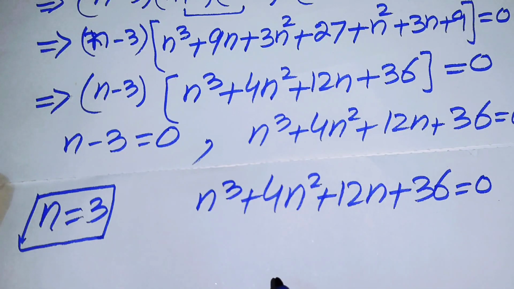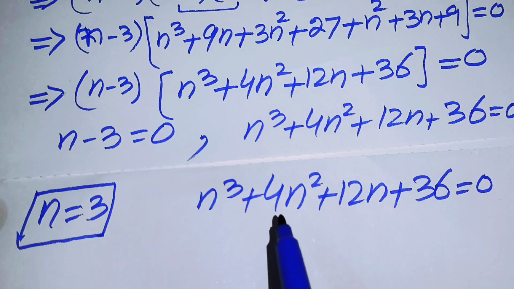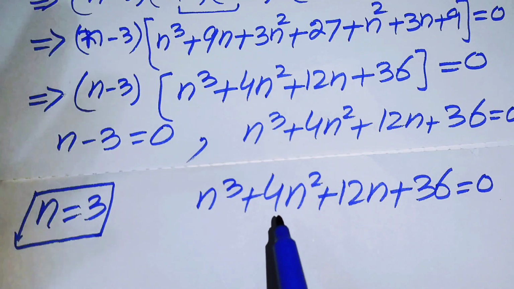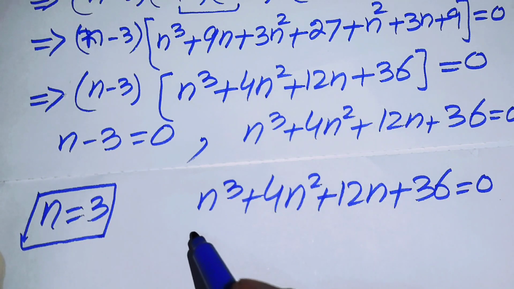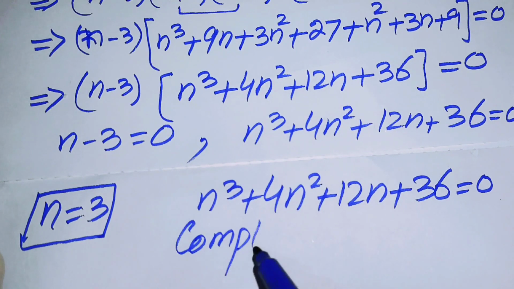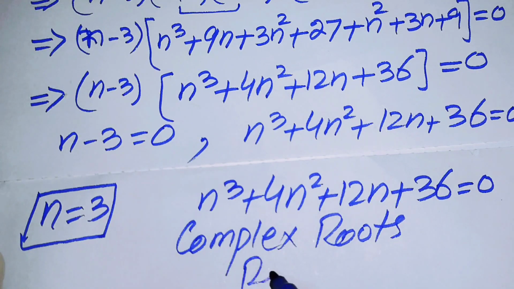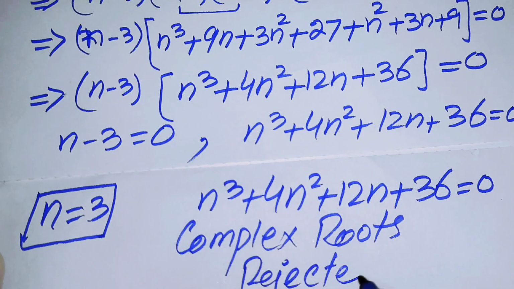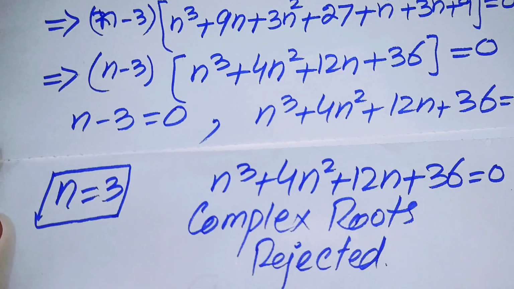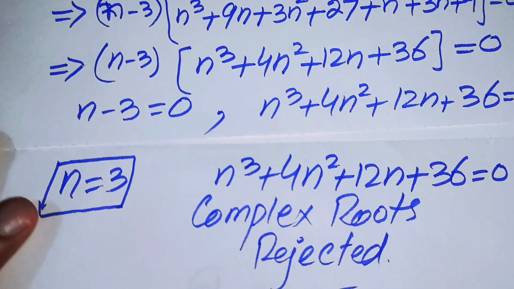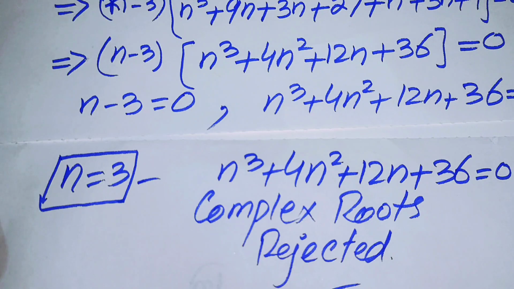And by inspection I can see that this cubic equation will not give a real root. This cubic equation will give complex roots. So if it gives complex roots, then we will reject this case, because in this question we need only the real roots, so the only real root is n is equal to 3. And this is our final answer of this question.